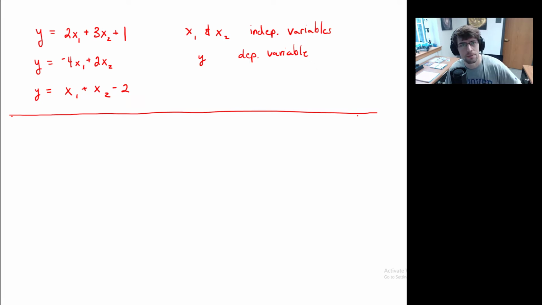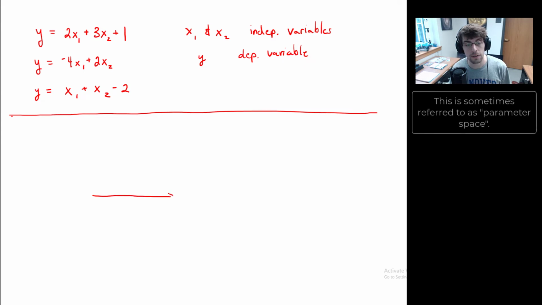Let me ask you this. How many dimensions do I need to graph in order to come up with the solution? Three. If I have 3 variables, right, I have 2 independent variables and a dependent variable, what does that mean? That means that I need to have an axis for the values of x1. I need to have an axis for the values of x2.